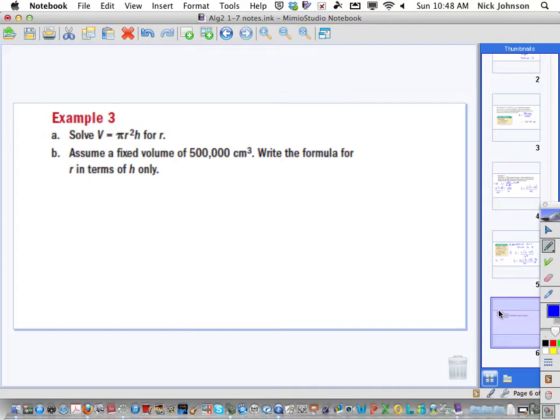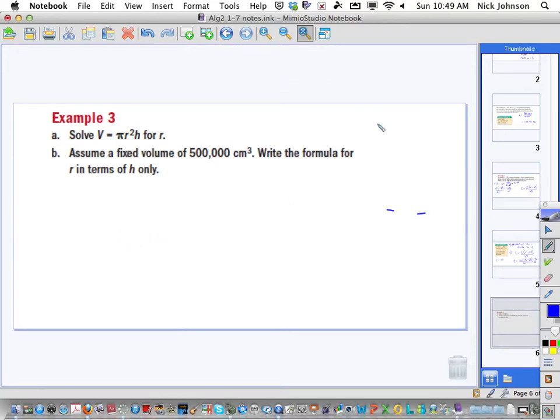Example 3. Last example. A says solve volume equals pi r squared h for r, and assume a fixed volume of 500,000 centimeters cubed. Write the formula for r in terms of h. So solve V equals pi r squared h for r. Instead of h, we're solving for r now.